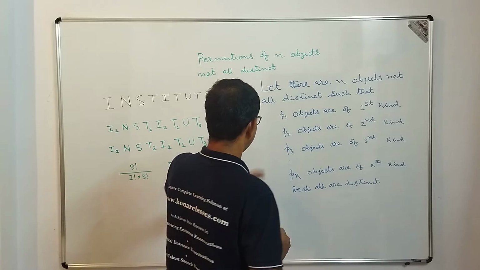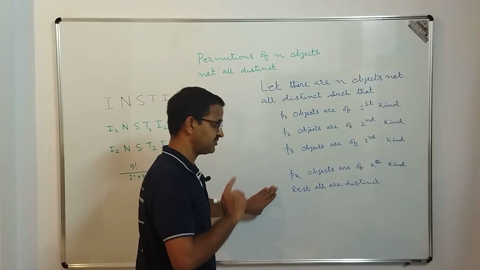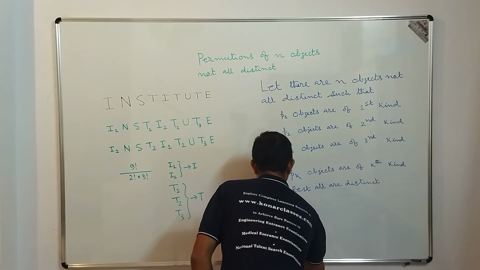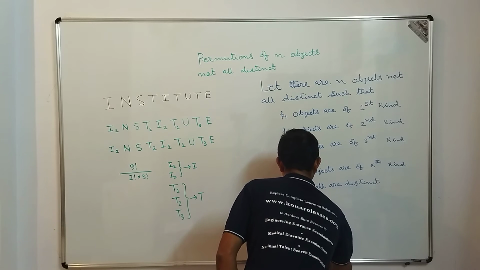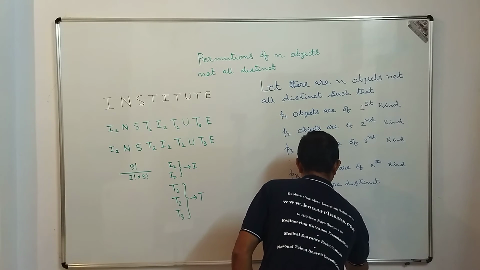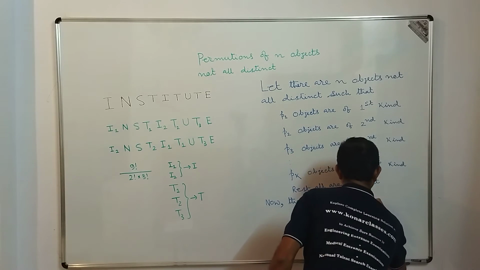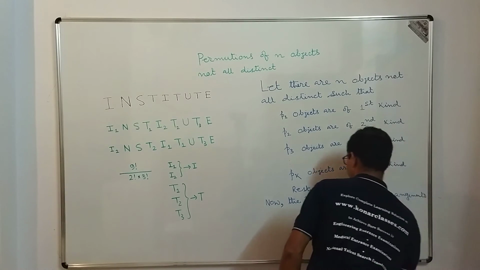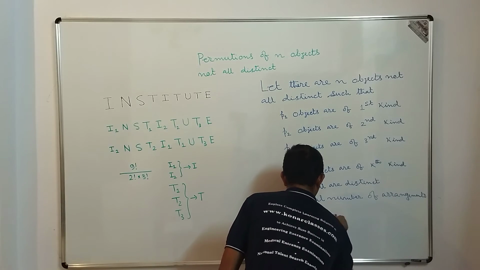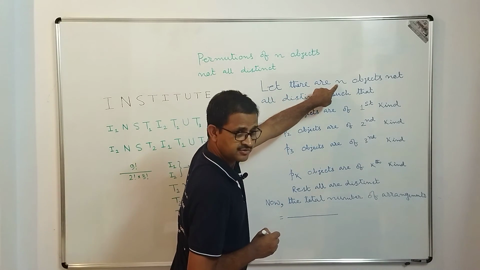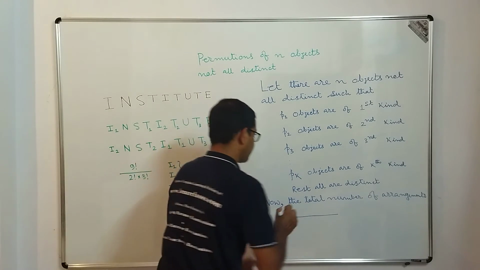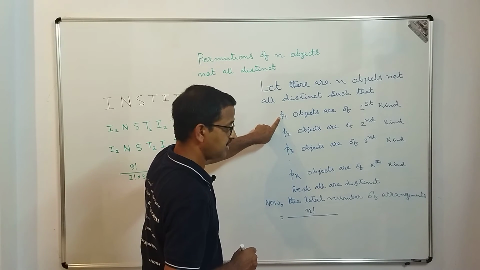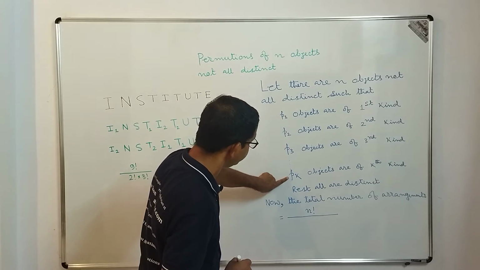Under this situation, the total number of arrangements is equal to n factorial in the numerator, and in the denominator P1 factorial into P2 factorial into P3 factorial up to Pk factorial.